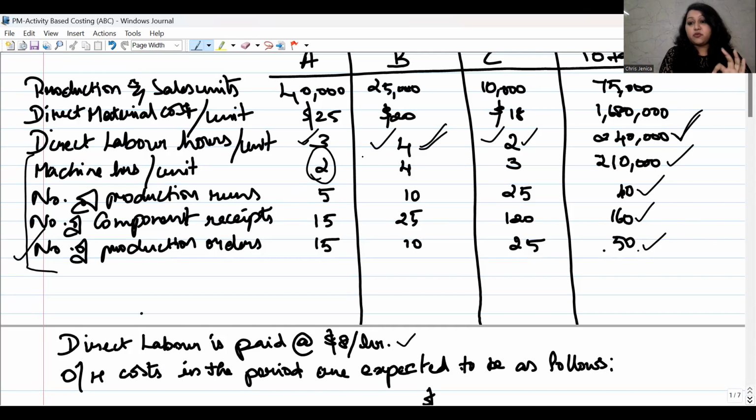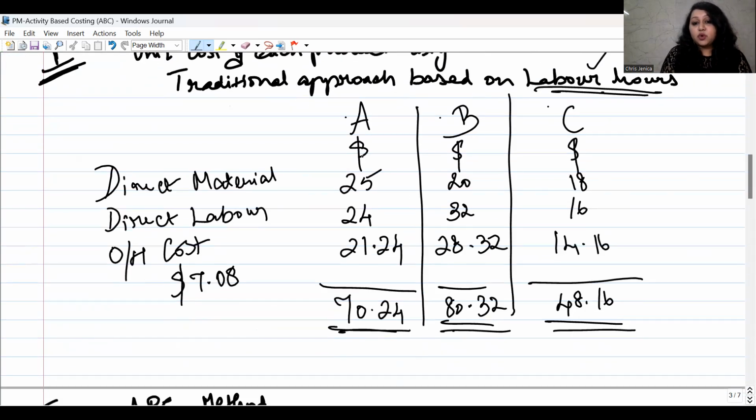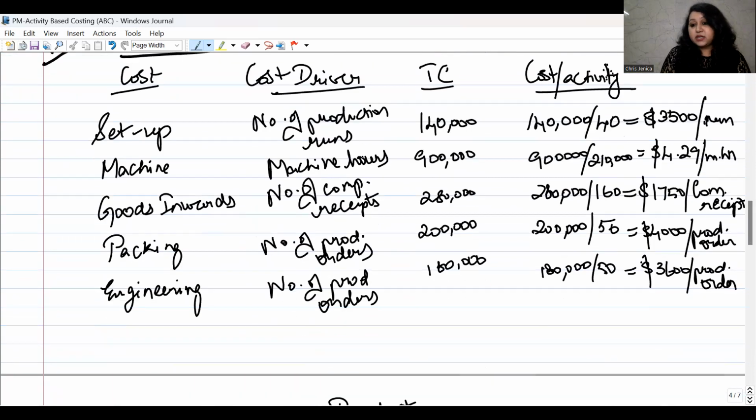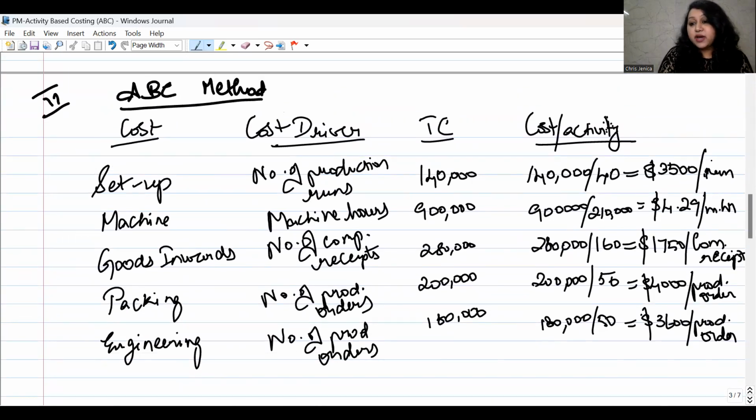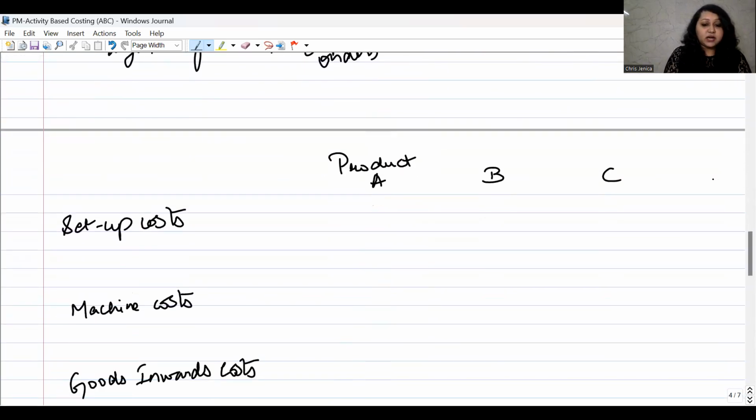It's going to be 5 production runs for product A, 10 production runs for product B, and 25 production runs for product C. Now we know the cost per activity, that is $3,500 per production run. Now we will multiply with that and find out the setup cost.